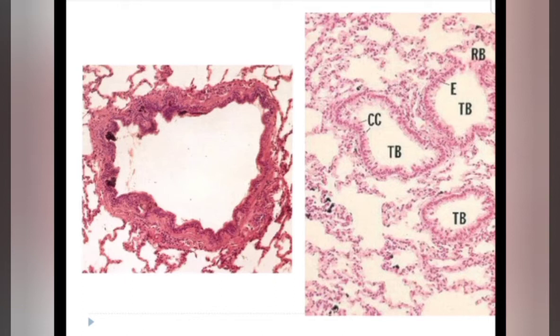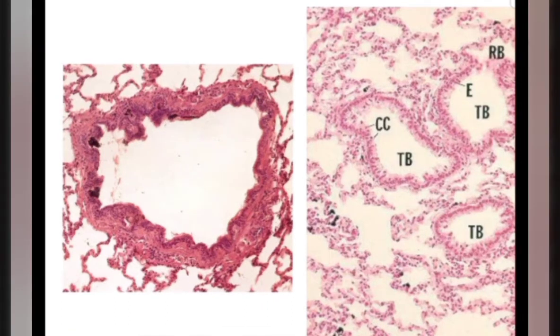Also, the mucosa of the intrapulmonary bronchi is lined by pseudostratified columnar ciliated epithelium with goblet cells. The lamina propria is rich in elastic fibers and contains many small pseudomucinous simple branched tubuloalveolar glands.